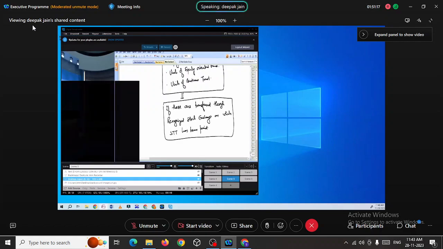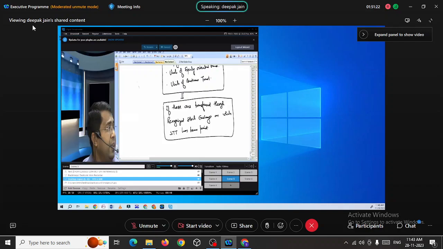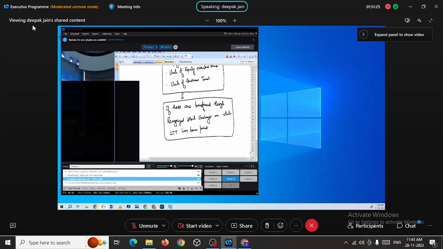Equity share, units of equity oriented mutual fund, unit of business trust. If these are transferred through recognized stock exchange on which STT has been paid.